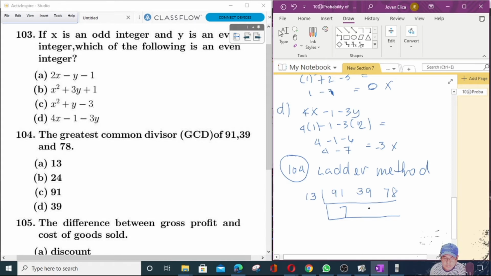39 divided by 13 is... sorry, 3. 13 times 3 is 39. And 78 divided by 13 is 6.